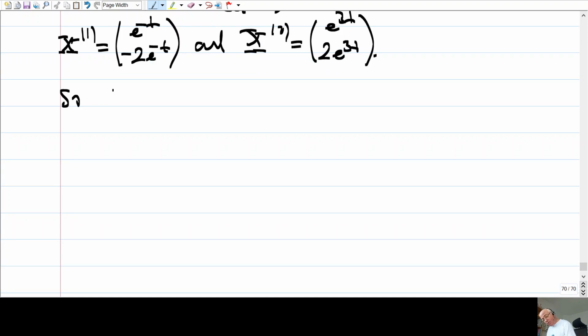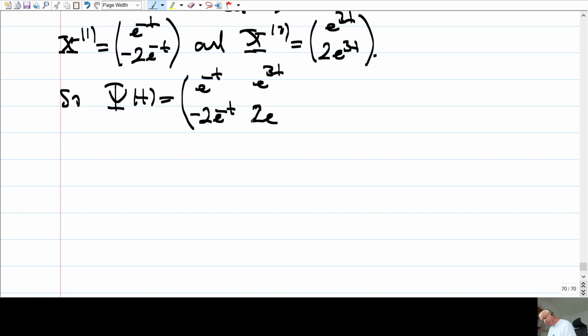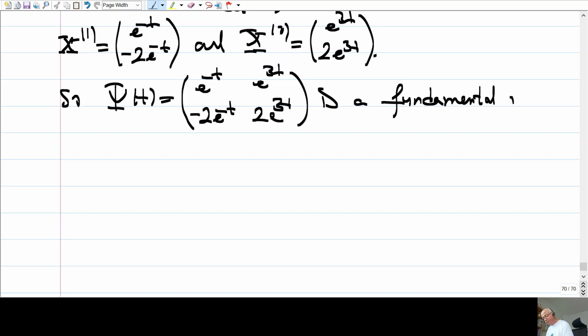So a fundamental matrix is this, then. I take the first column and then the second column. So this is a fundamental matrix.